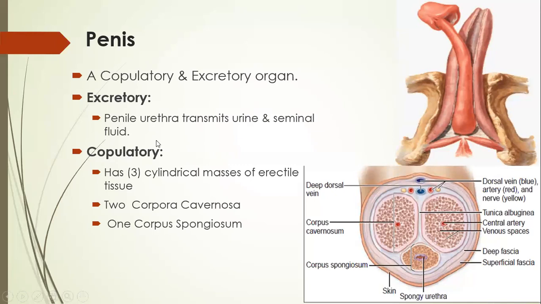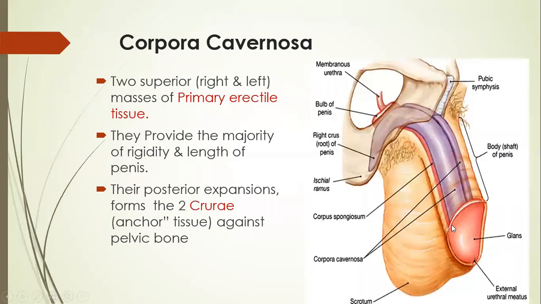Then it is a copulatory organ because it has 3 cylindrical masses of erectile tissue. If you can see here, these are the corpus cavernosum on either side, and this is the corpus spongiosum. Erectile tissue are mainly the corpus cavernosa, 2 on either side, and 1 corpus spongiosum. Through the corpus spongiosum, this urethra will pass. Through the corpus cavernosum, there are a lot of plexus of veins which will dilate.